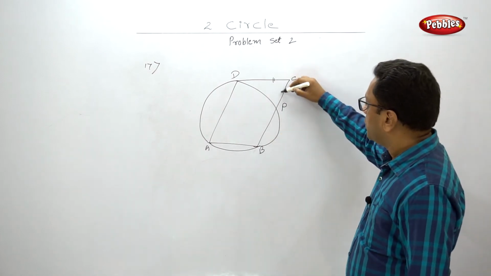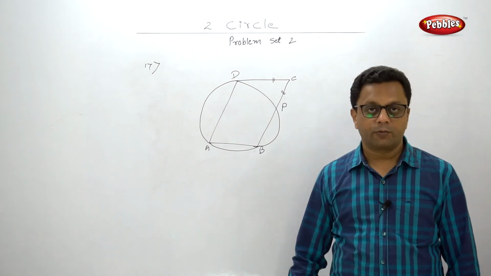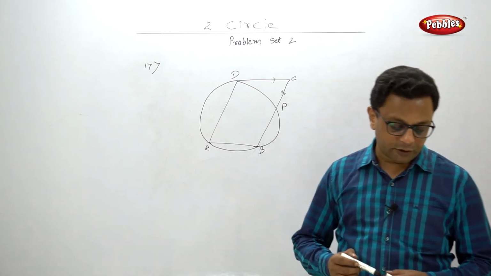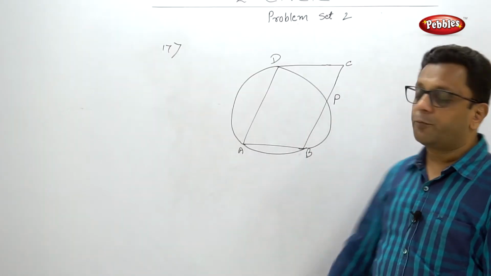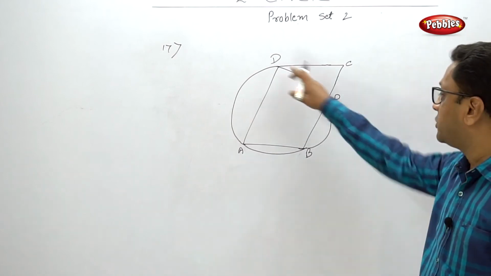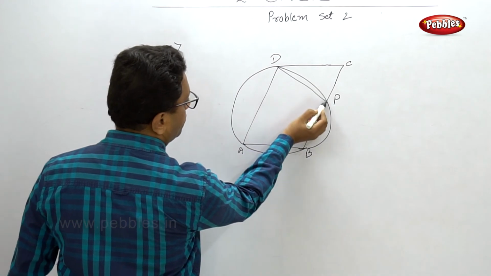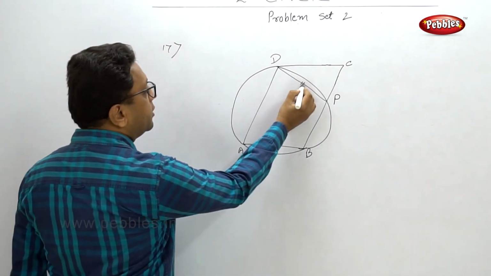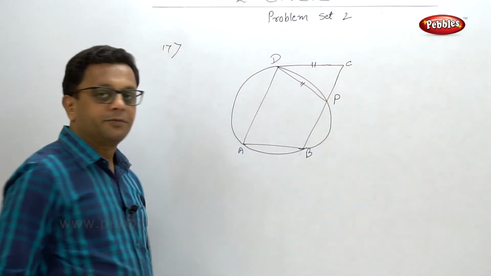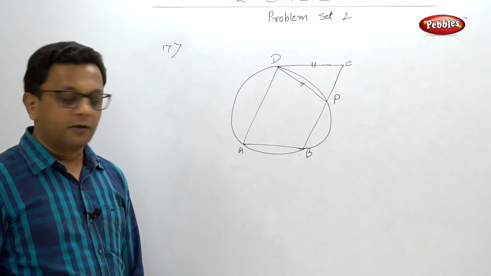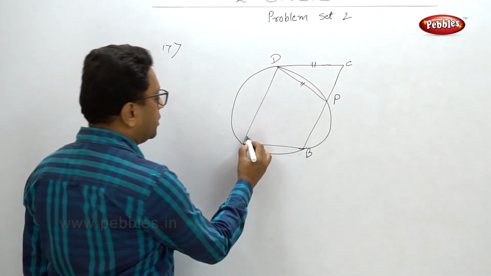This is what we have to prove. Let us see how to prove this. That means this DP we have to join, and we have to prove that DP equals DC. Not very difficult. Let us see.